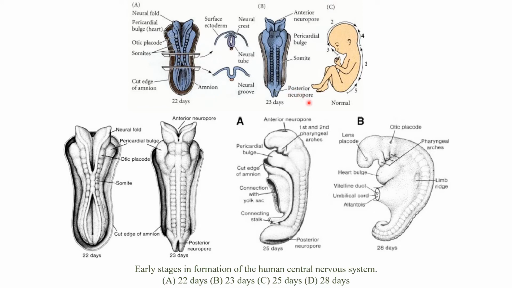Okay, so the numbers here would actually depict also the formation of a normal fetus. Okay? And then C would be 25 days, and then 28 days for D. So, sorry for this one. This is 25 days, and then this is 28 days.